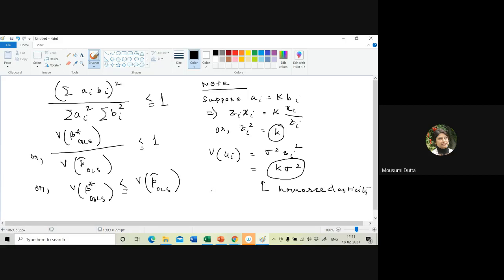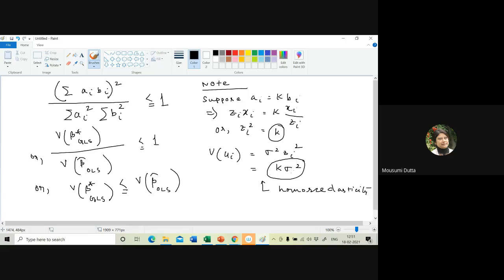If you estimate the parameters using GLS technique, fine. If you estimate the parameters using OLS technique, fine. Ultimately you will get the same value of beta as well as same value of the variances. So equality prevails if Ai and Bi are proportional. Actually, when Ai and Bi are proportional, our starting point is homoscedasticity rather than heteroscedasticity.